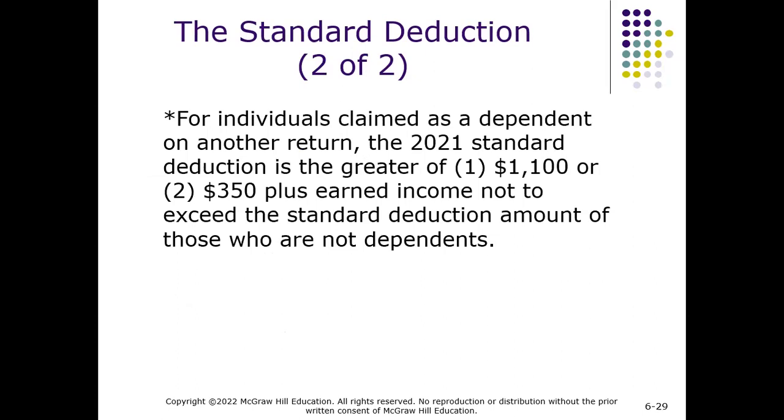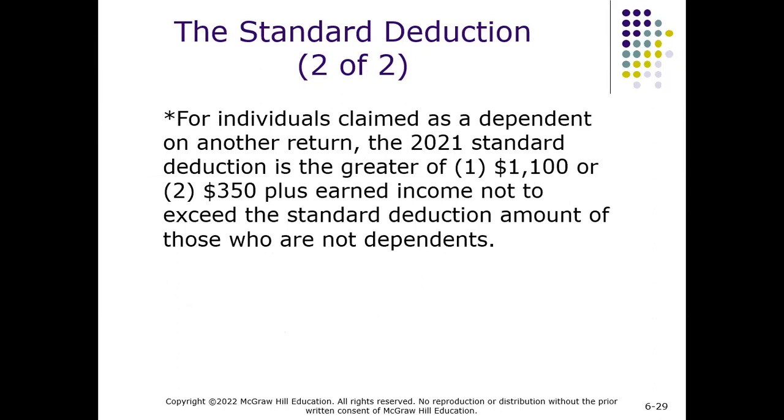There's a special calculation for individuals who are claimed as a dependent on another's tax return for their standard deduction. Remember, the most people that can file a tax return together are spouses, married filing joint. Children file their own tax returns separate from their parents.